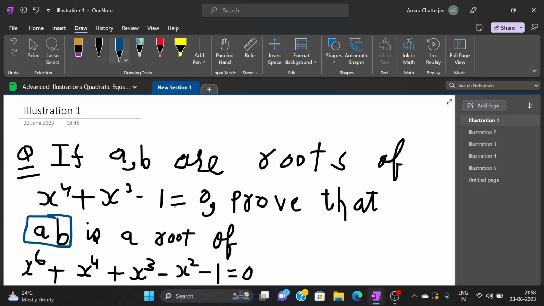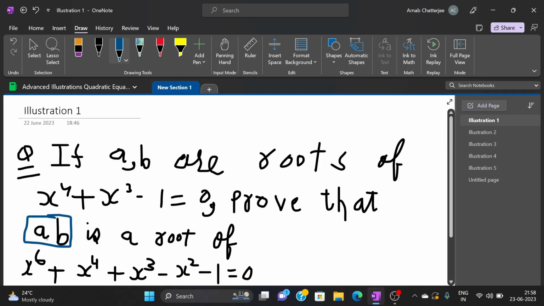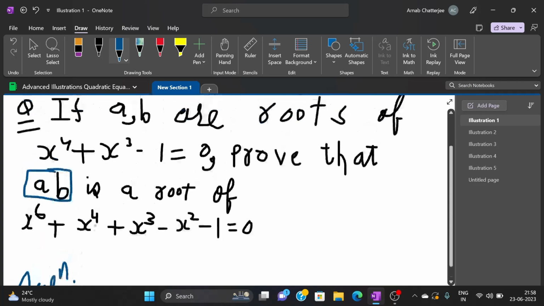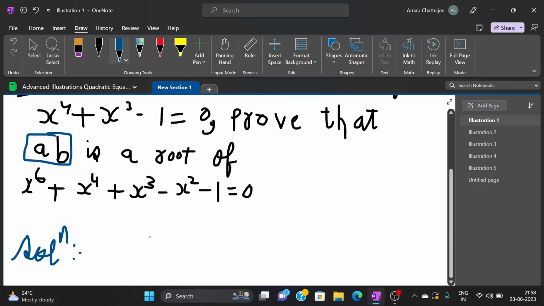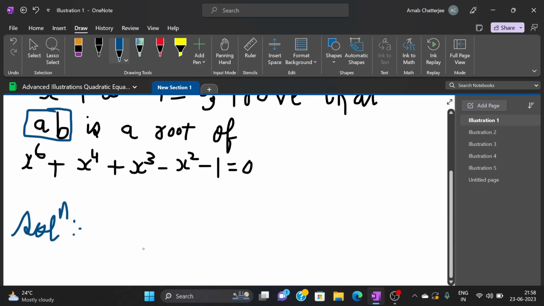Now, what I can think of for a times b, one method that could be in my back mind is that I put a and b in the equation and multiply it. So let me show you.